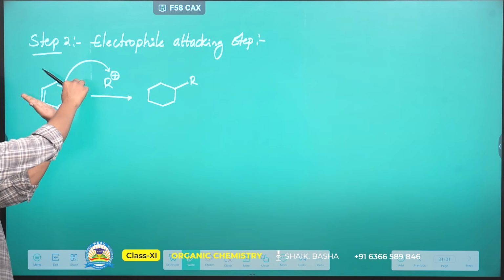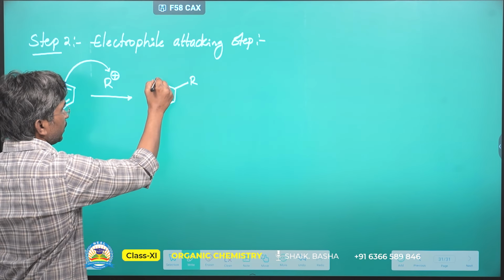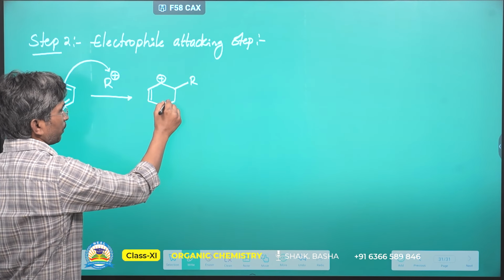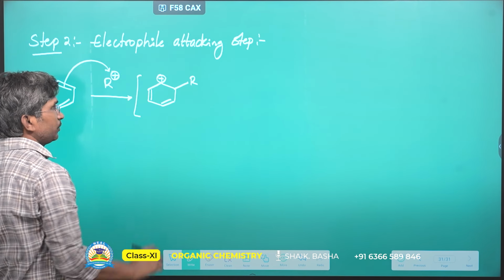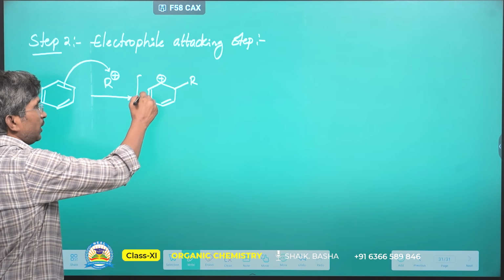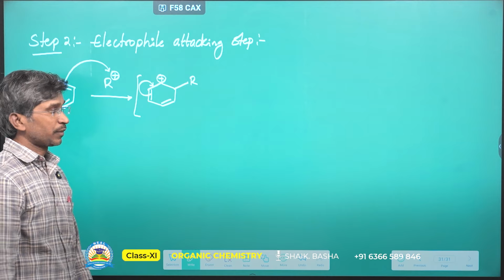So this is the double bond. Here the bond is shifting like this. This carbon loses an electron, and that carbon gets a positive charge. The remaining 2 double bonds we can represent. In mesomeric effect we discussed resonance. A carbon adjacent to a double bond has a positive charge, so resonance is possible.